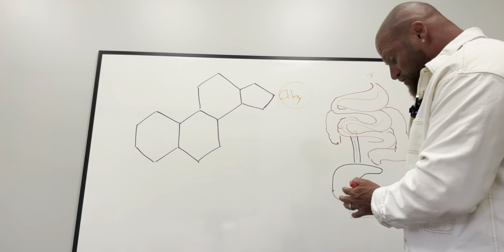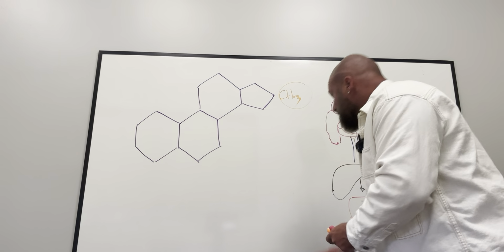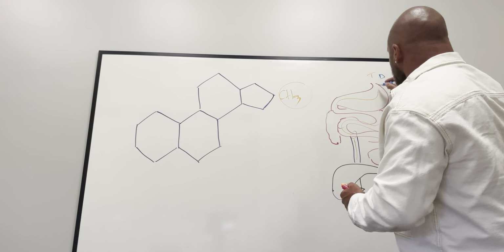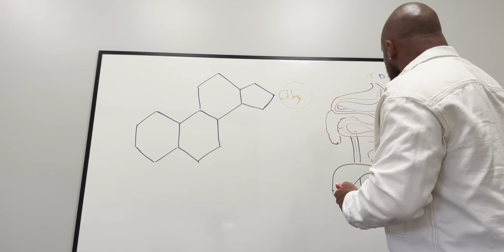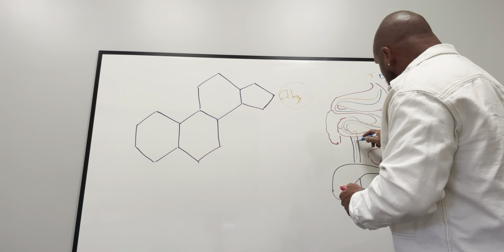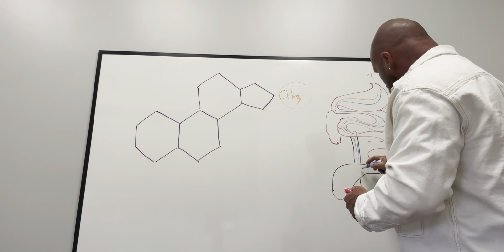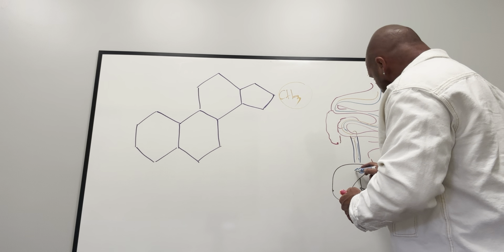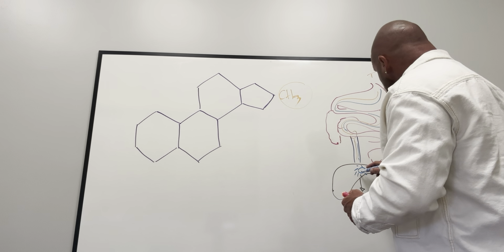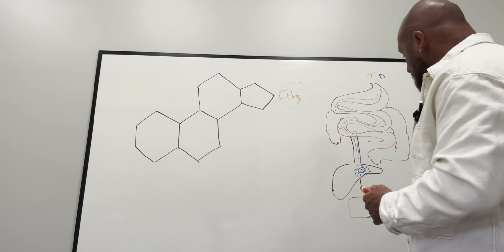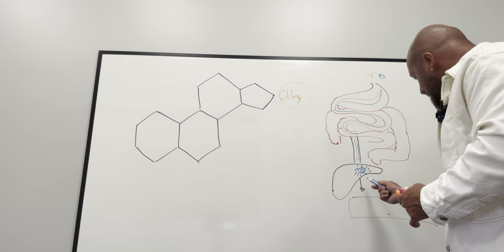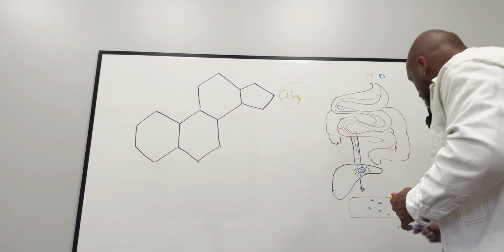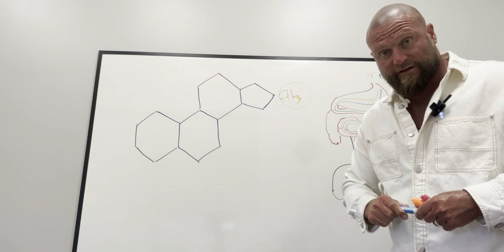So when you take that alkylated steroid, let's say Dianabol, it will go the same way to the small intestine, and now will go to the portal vein to the liver, and now it is protected from destruction, from metabolism, and it can enter the bloodstream with a high bioavailability.